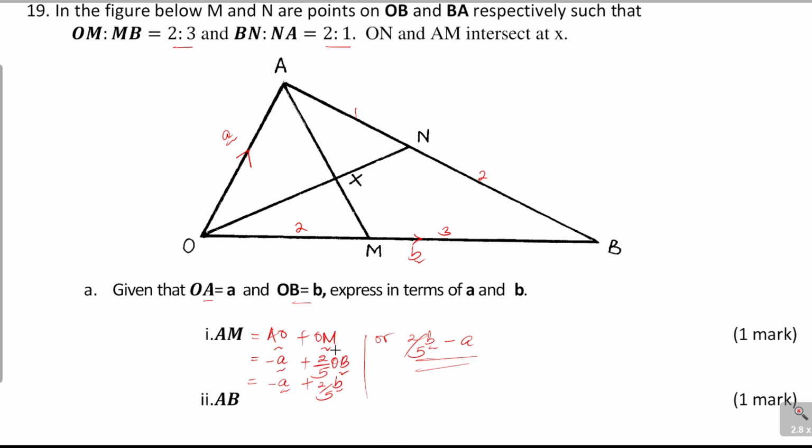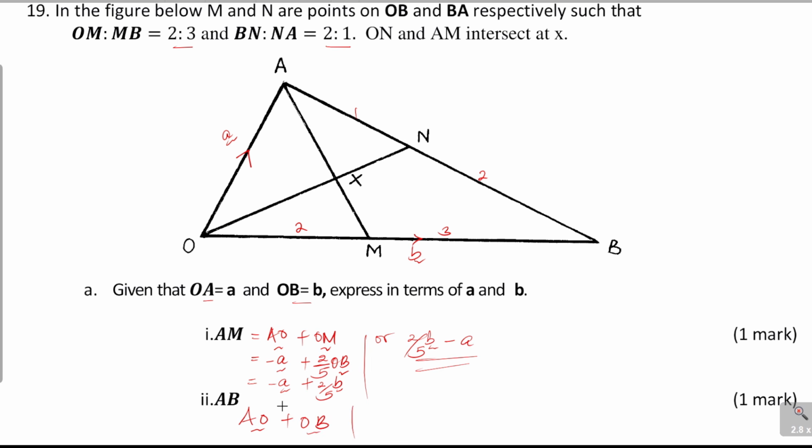We go to AB. So now you want to move from A to B. In vectors, you have to be very careful with direction. So we want to move from A to B. I will follow this direction from A to O, then from O to B. That is how you get that.